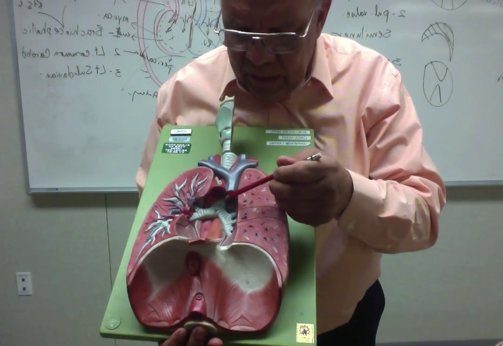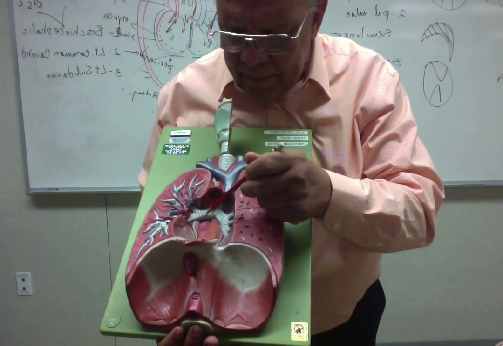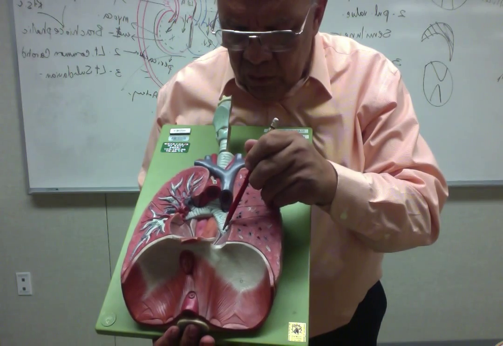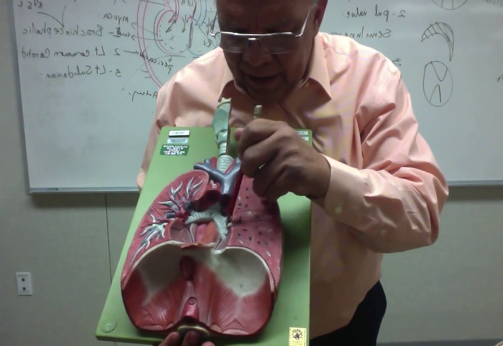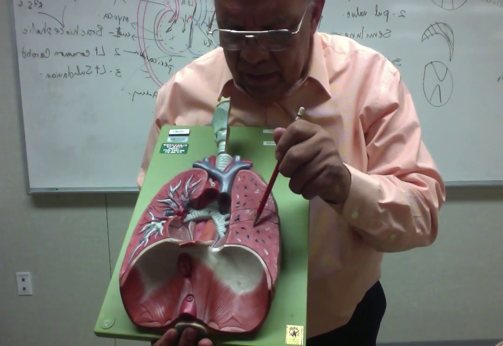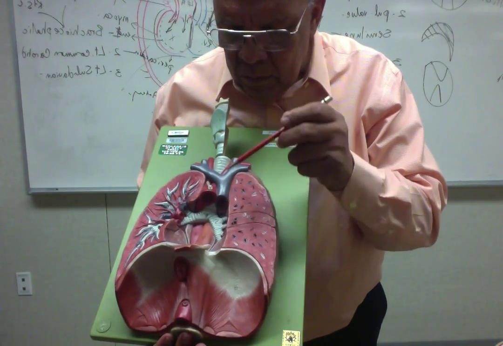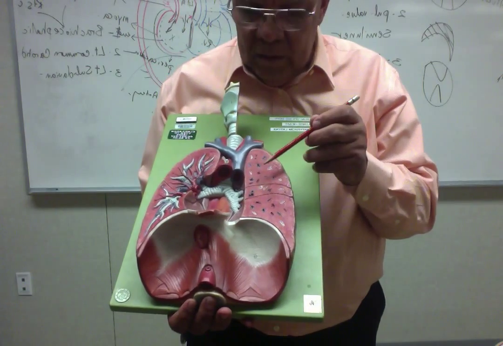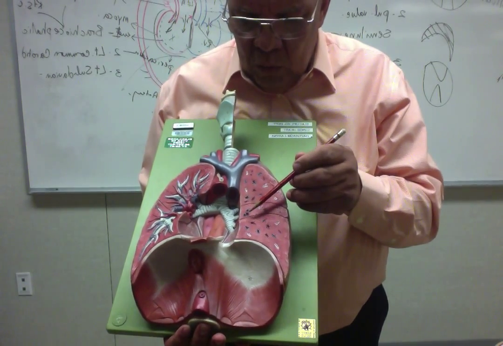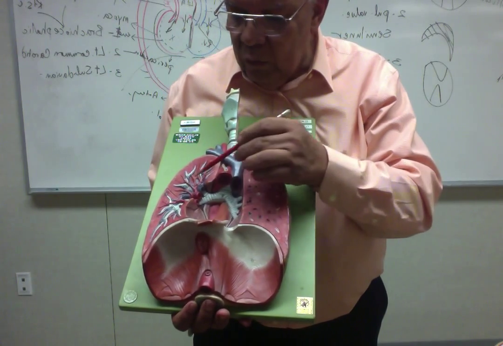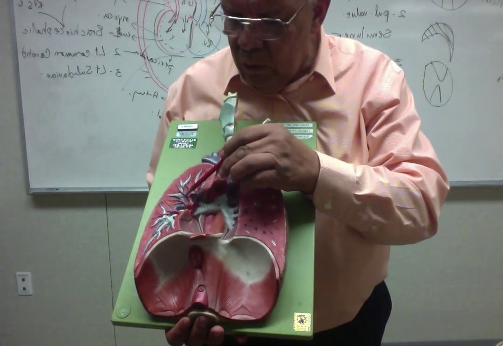Now the trachea is going to divide into two primary bronchi. The two primary bronchi will divide into secondary bronchi, three on the right side and two on the left side. Then more divisions into smaller and smaller bronchi, the tertiary bronchi, and then finally smaller bronchioles.